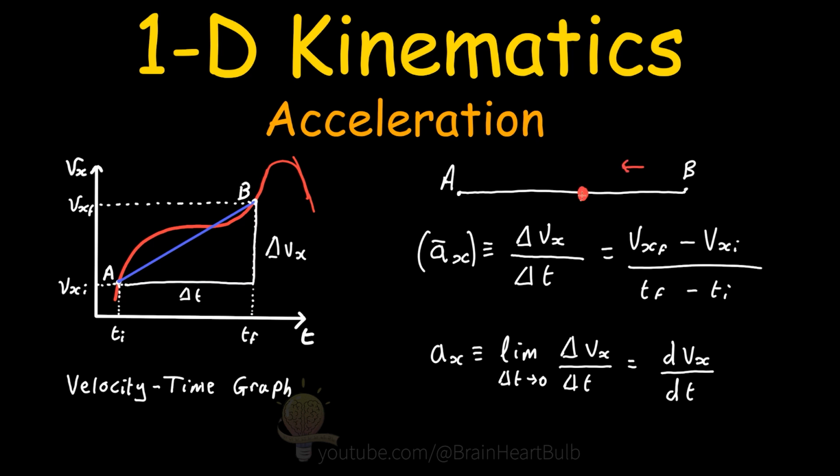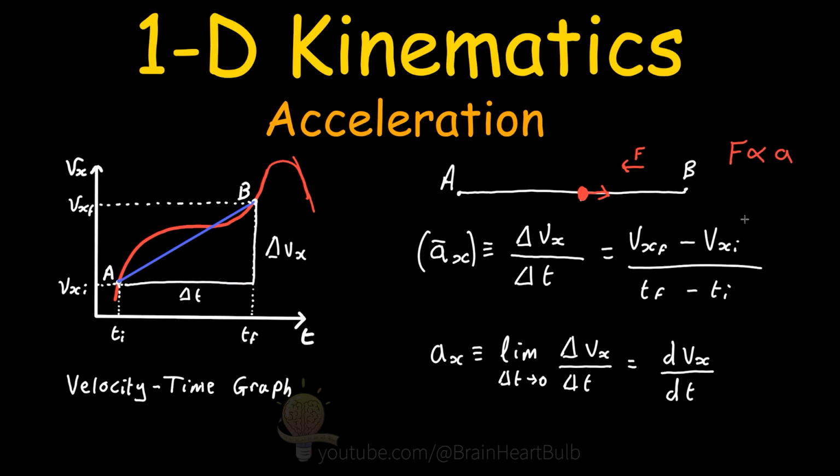Say if that's our particle, and our particle is moving in this direction, a deceleration would be equivalent to some kind of force pushing back on the motion of this particle from A to B. And we'll find out in later lessons that force is proportional to the acceleration.